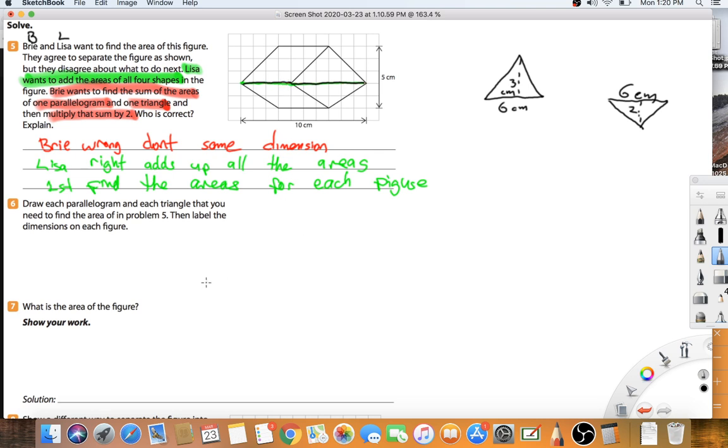So we would have 4 for the base, and then our height would be 1, 2, 3. Our height would be 3. So our height would be invisible like this, and we would say 3 centimeters. And the base would be 1, 2, 3, 4. It would be 4 centimeters. Now for this one, I think it goes like this.